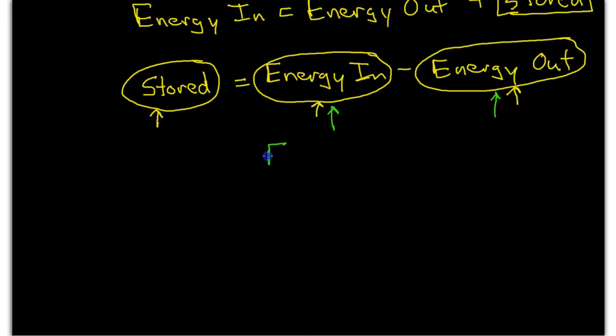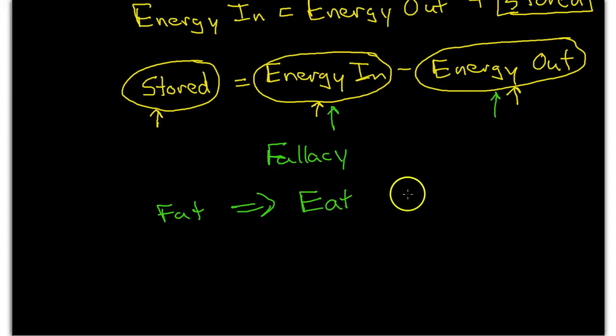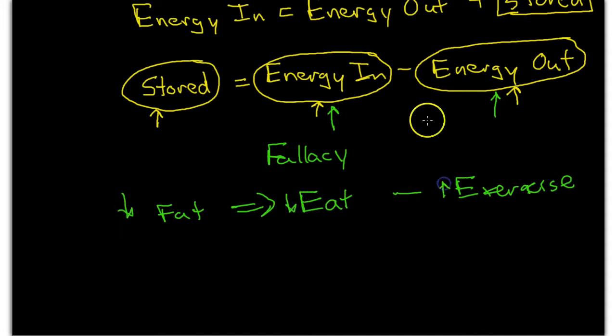So we make a common fallacy, which basically states that the amount of fat that we have is a function solely of eating and exercising, right? If you want to lose fat or lose weight, you need to eat less and exercise more to reduce this distance.